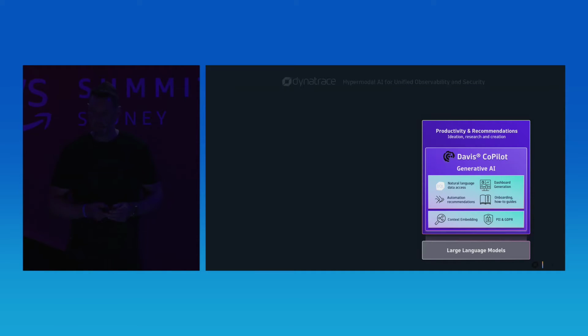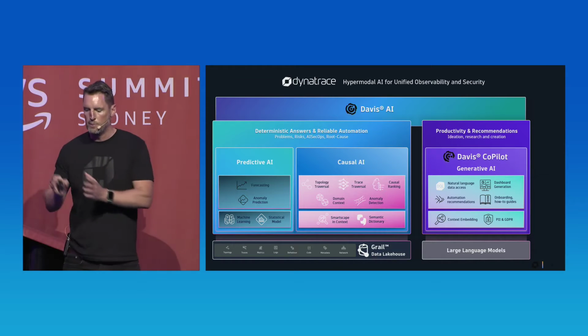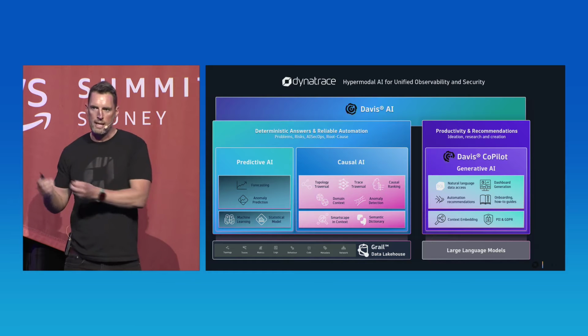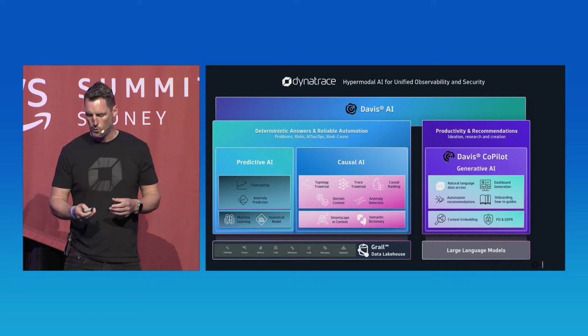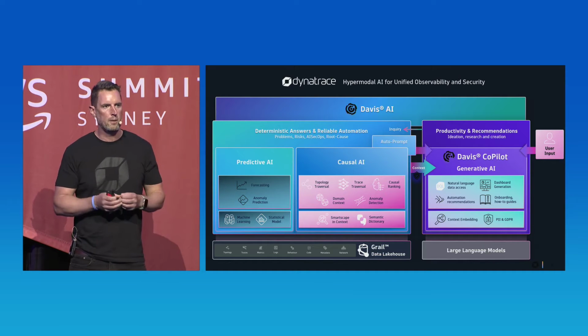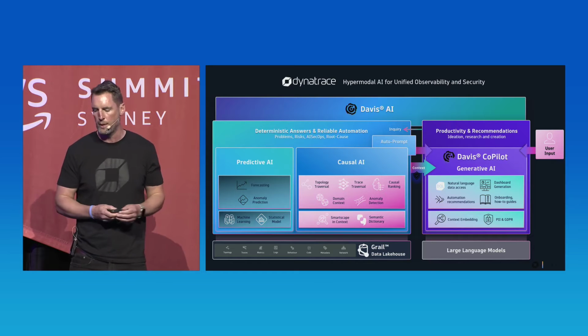But our existing causal and predictive AI can enhance the capabilities of Copilot for automatic problem remediation, or to act as a trigger for user input to enhance the capabilities of Copilot. And this is across a wide variety of data types, from metrics, logs, traces, topology-based information.